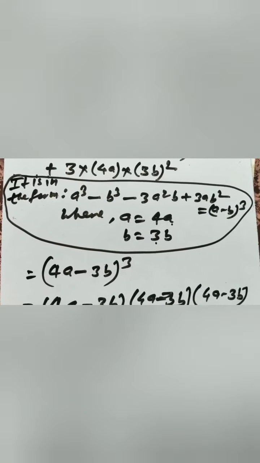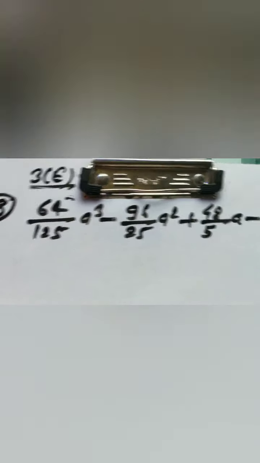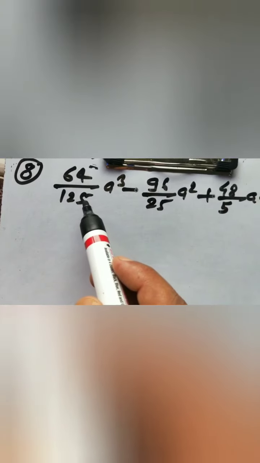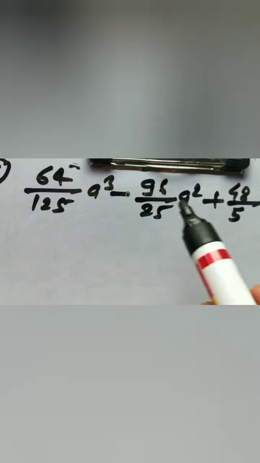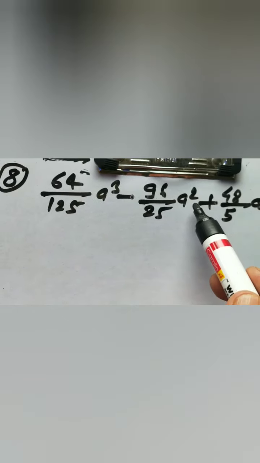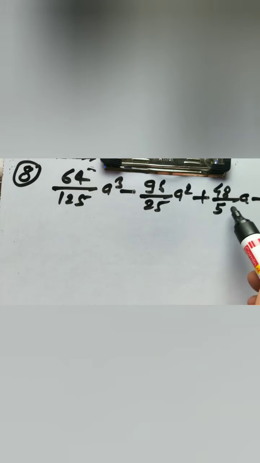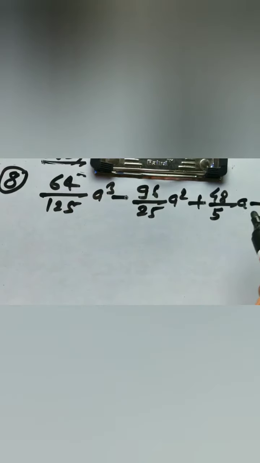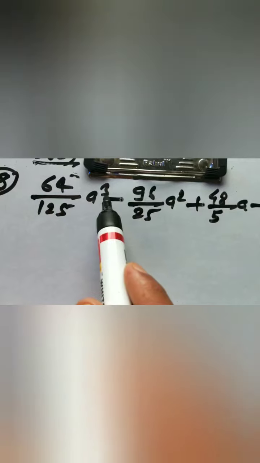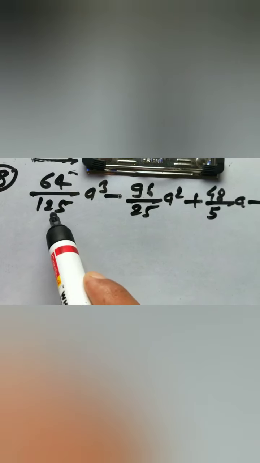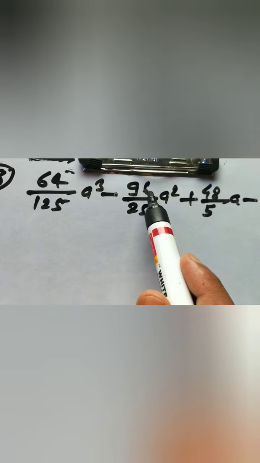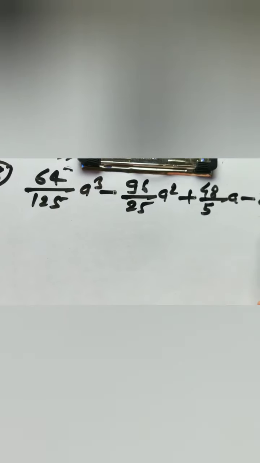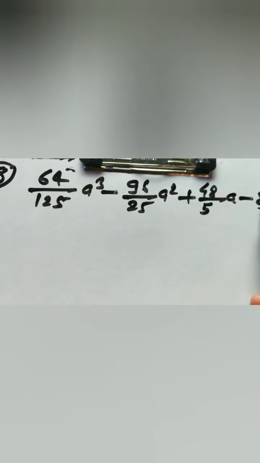Okay, let us see question number 8. You have to factorize 64 upon 125a cube minus 96 upon 25a square plus 48 upon 5a minus 8. Now you can see this is the cube of 4, this is the cube of 5, and this is the cube of a, but 96 is not a cube of any number, while 8 is the cube of 2.